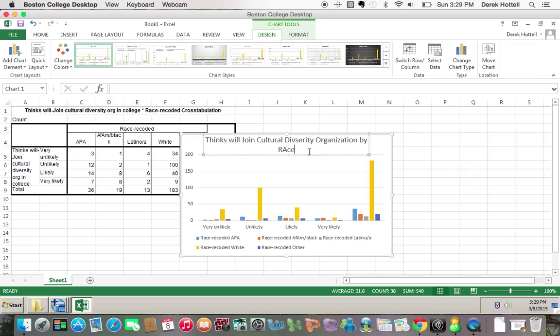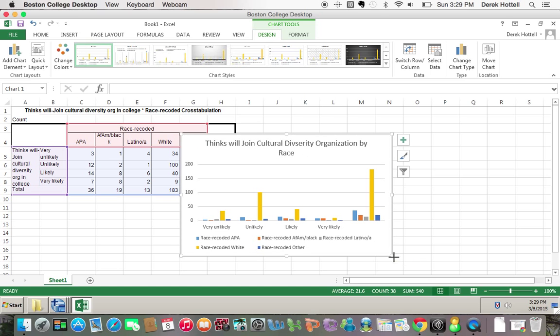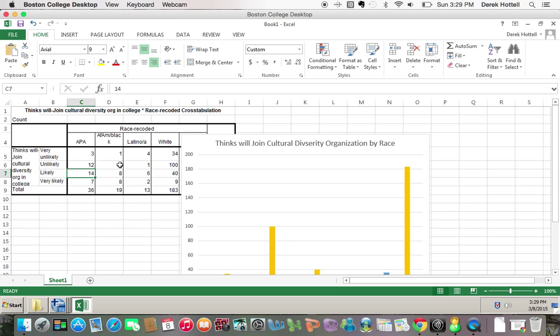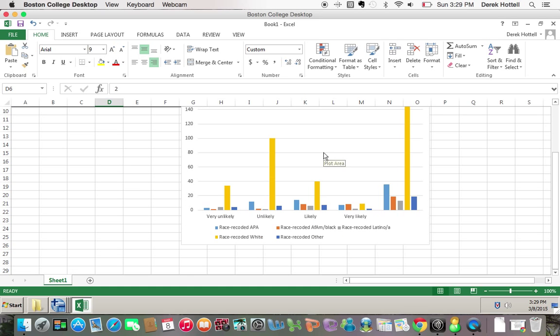I have no idea if I might have spelled the word wrong there. And you can make it bigger by holding the right corner and simply dragging it out. And you can see this is giving you expected counts. If you wanted this to be changed, then you would have to change these into percentages. But that's the basics of how you can generate that chart in Excel.